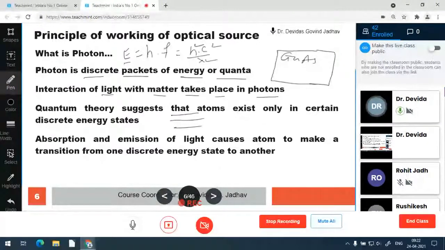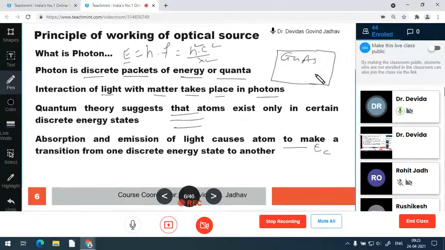So when an electron jumps from a higher state to a lower state, it emits energy. In optical devices, the energy emitted is equal to the photon energy, and the photon is emitted. So absorption and emission of light causes an atom to make a transition from one discrete energy level to another.